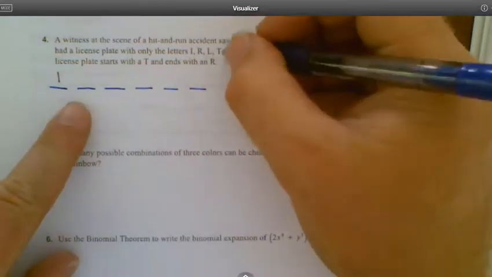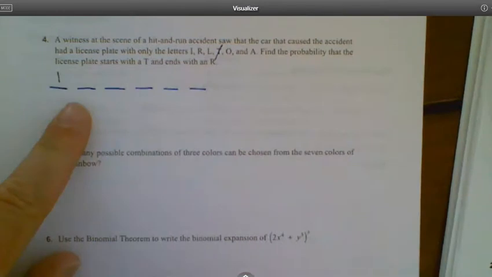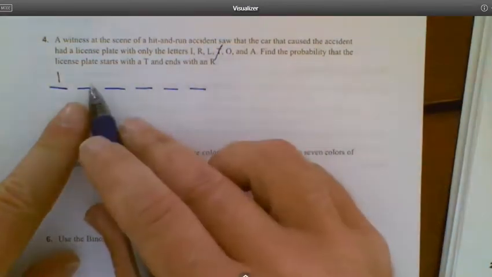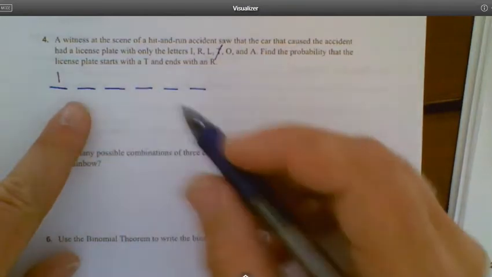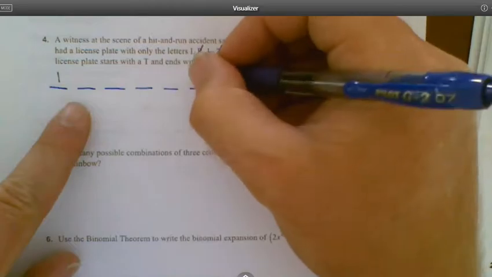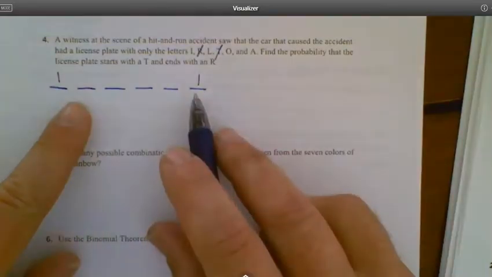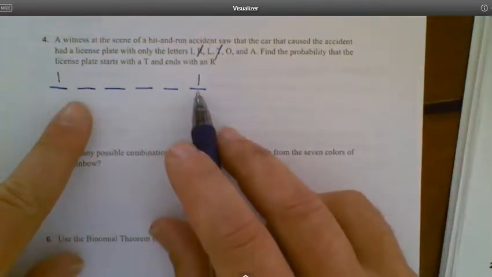So let's cross him out. He's already been used. When you get to this one, actually I'm going to do this one first before I even identify this guy. It must end with an R. Okay, so there's only one option for that slot, right? It has to end with an R. There's only one way to do that.